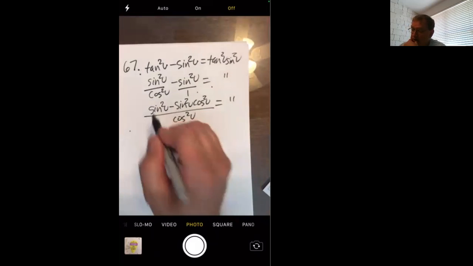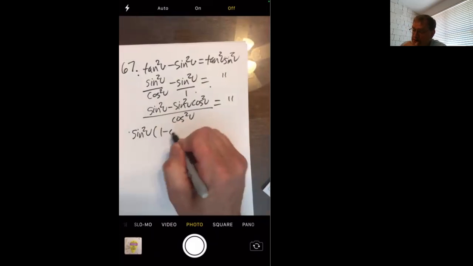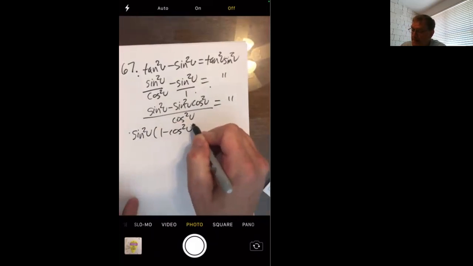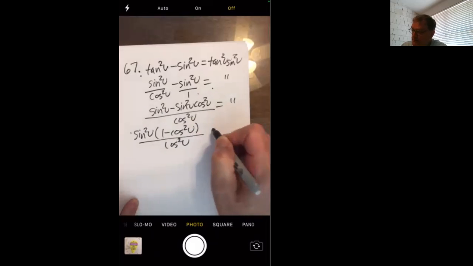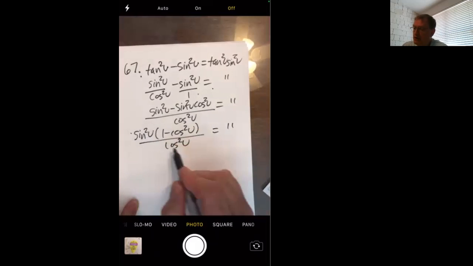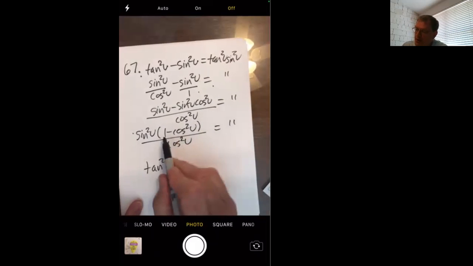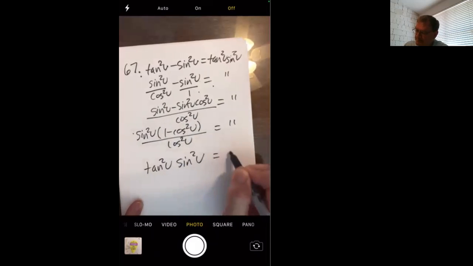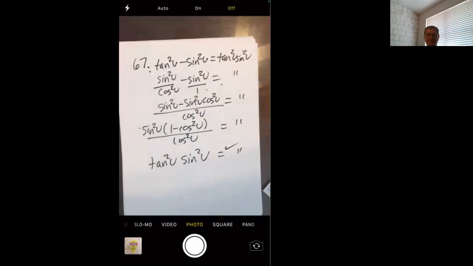Gives you a common factor of a sine squared, 1 minus a cosine squared, over cosine squared of u. And your sine squared over your cosine squared, that's your tangent squared. And your 1 minus cosine squared is equal to your sine squared. There you are.